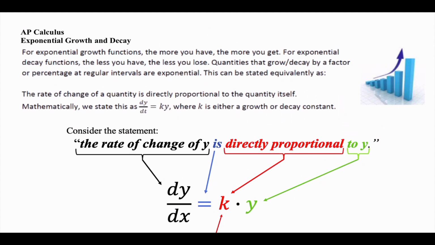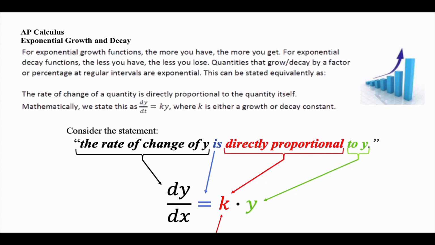So the rate of change of a quantity is directly proportional. So that's how you know. Today you're going to know this is all exponential growth and decay because these are the exponential growth and decay notes. But when you're doing problems on a test, on a practice test, and everything's kind of mixed up, not done in order, how do you know when you have to do exponential growth?